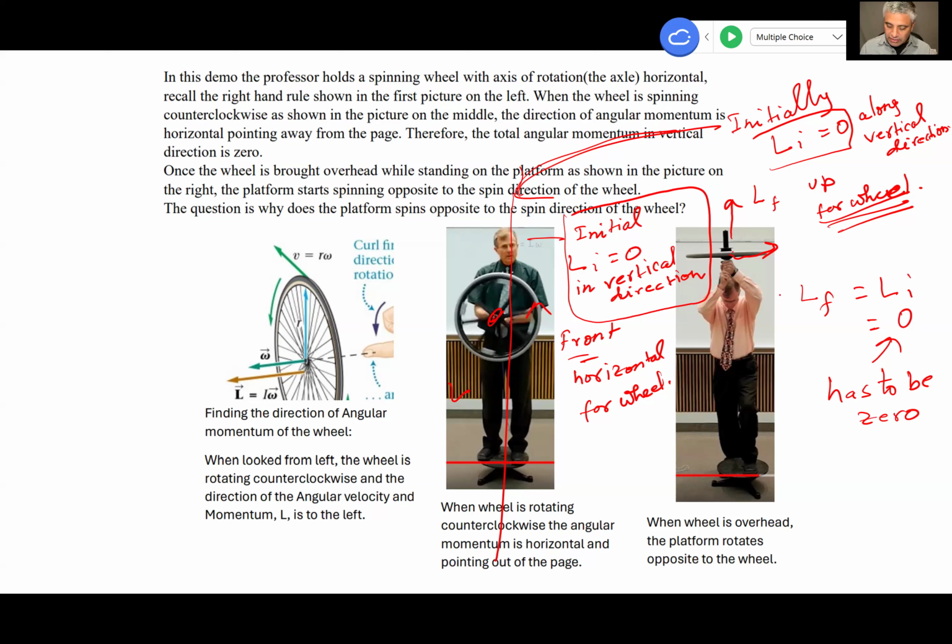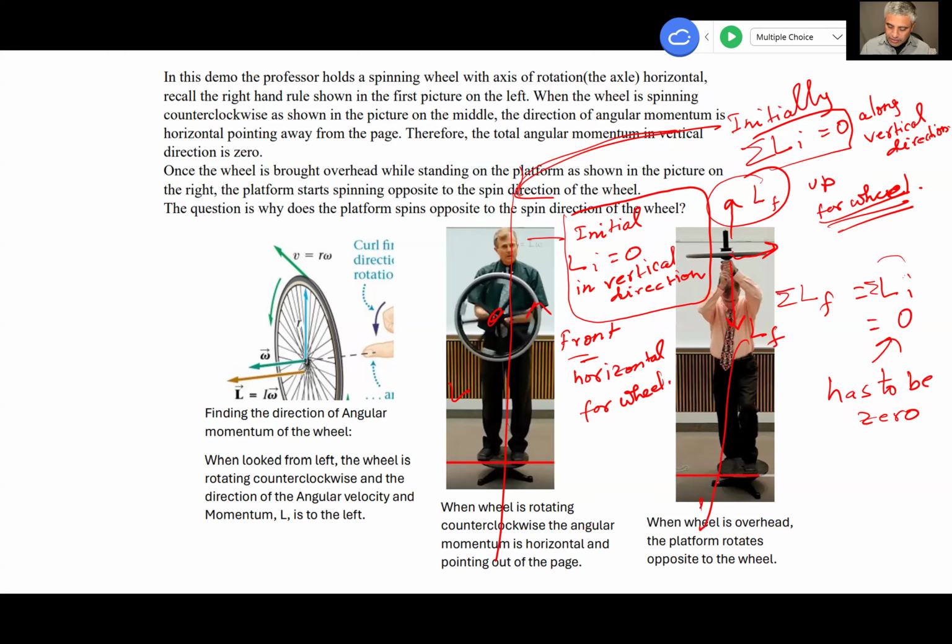Total final angular momentum has to be 0 because total initial angular momentum is 0 vertically. So to make it 0, what has to happen? There has to be another angular momentum pointing down.